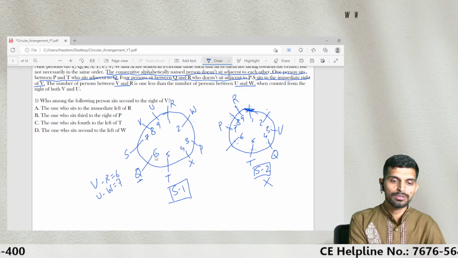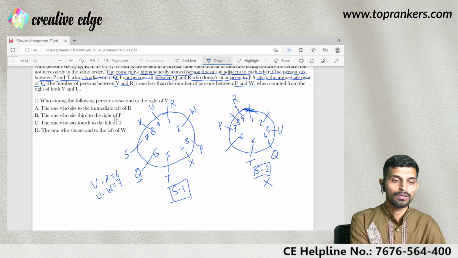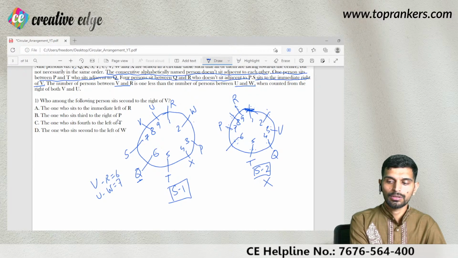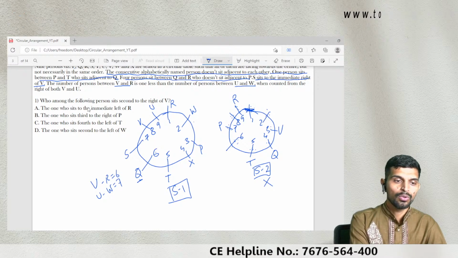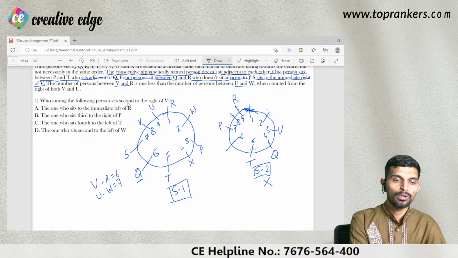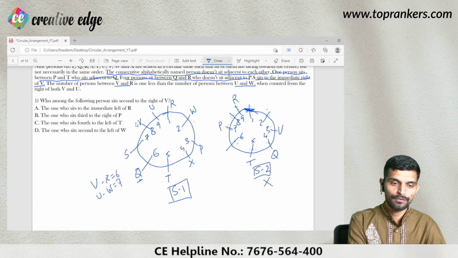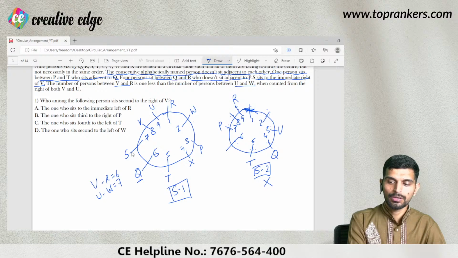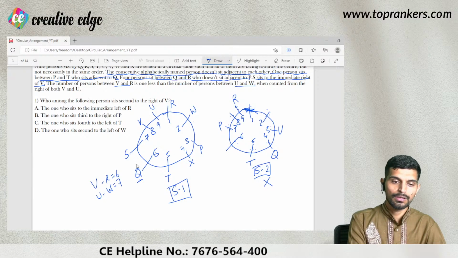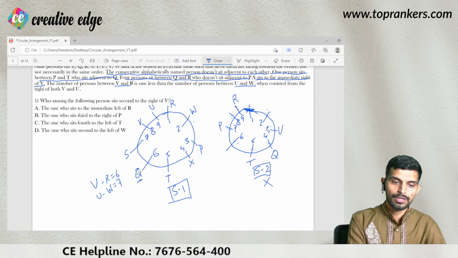The one who is immediate right of R, no. Who among the following sits second to the right of V, second to the right, not left. Second to the right of V is first, second. This is Q here.